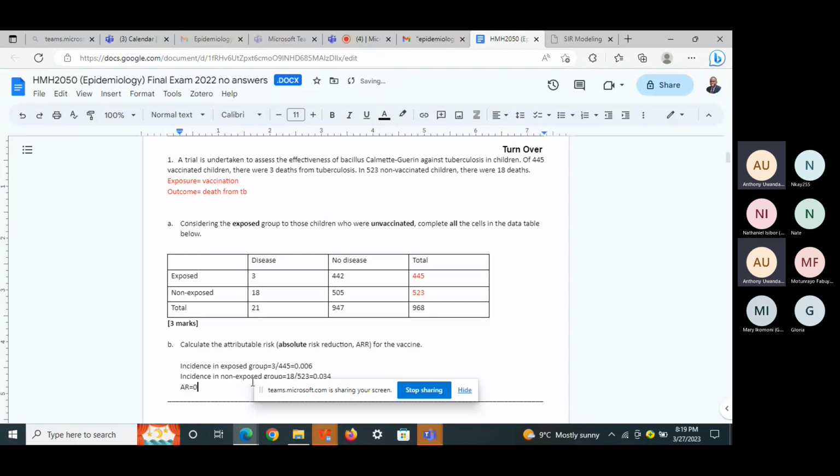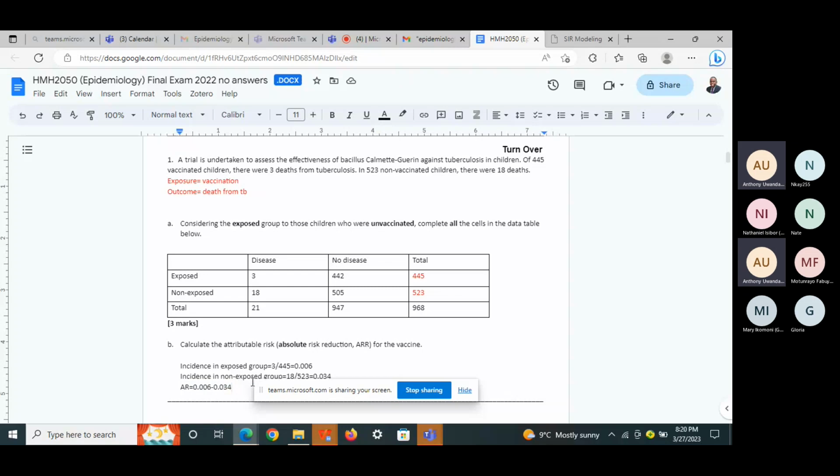The difference, I said, any way you do it, the answer will always be positive. Even if you are doing 0.006 minus 0.034, this will give you a negative value, but the answer is a positive value.